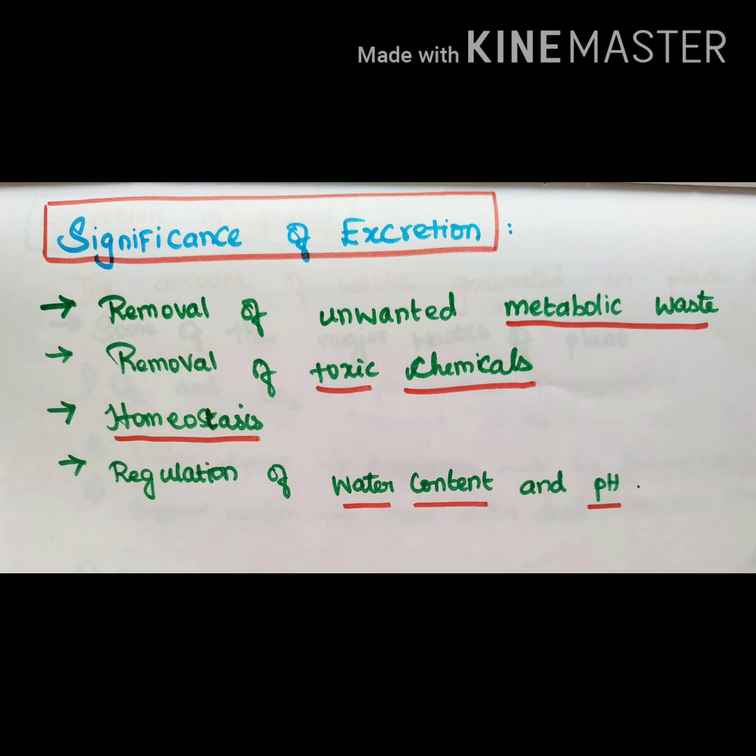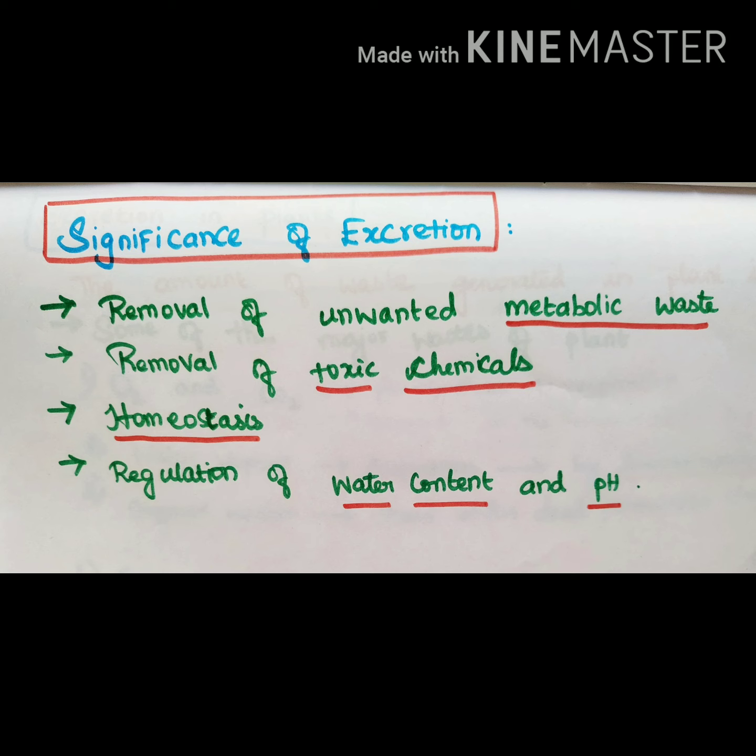So for the removal of toxic chemicals also, excretion is a must. And third, as I already said, homeostasis. What is homeostasis? The water and ion balance. And the fourth one is the regulation of the water content and the pH. So these are the 4 major hints which state the significance of excretion.